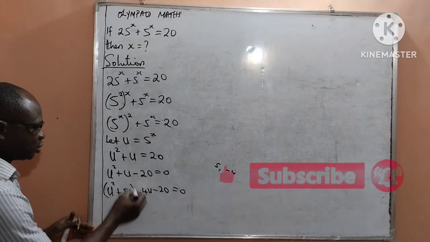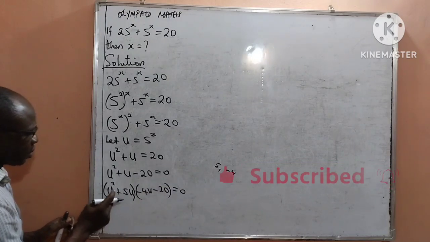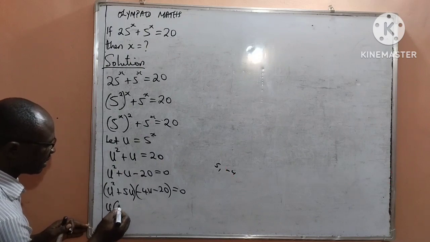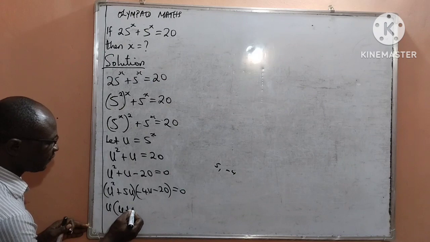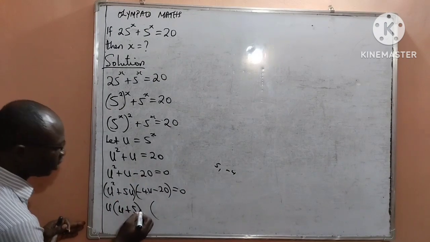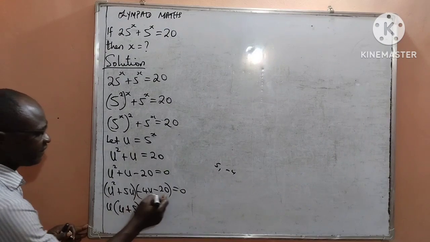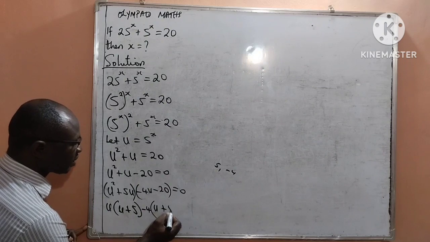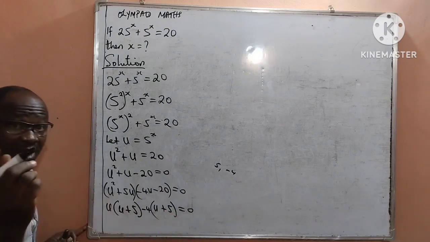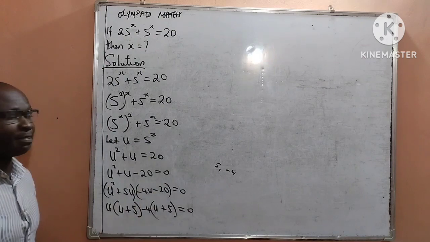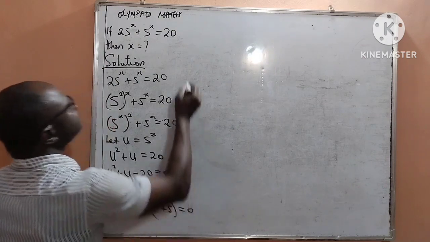Putting it into brackets, into factors, what is common in the first bracket is u, leaving u plus 5 in the bracket. Then in the second bracket, what is common is minus 4, leaving u plus 5 equal to 0, because minus 4 multiplied by plus 5 still gives negative 20.